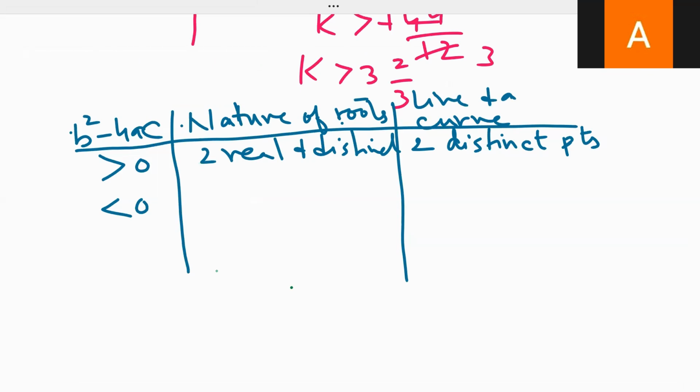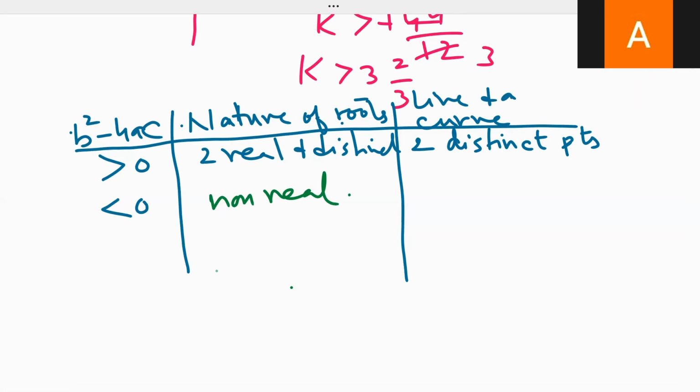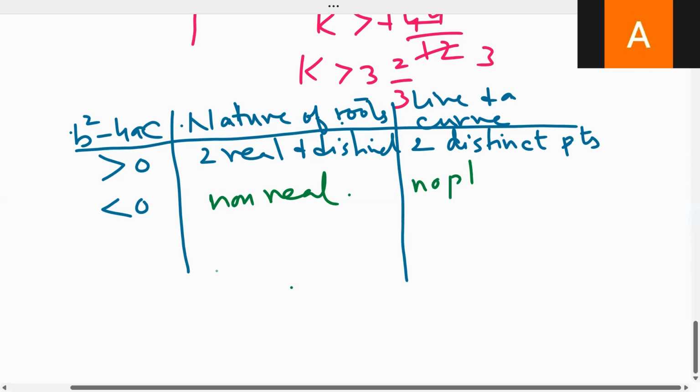Then you find its discriminant, and if the value of the discriminant is less than 0, it means the roots are non-real, or no points of intersection. It means the line does not intersect the curve.